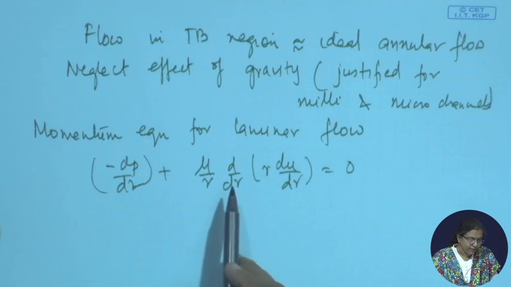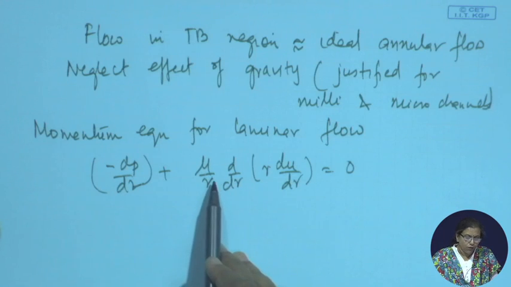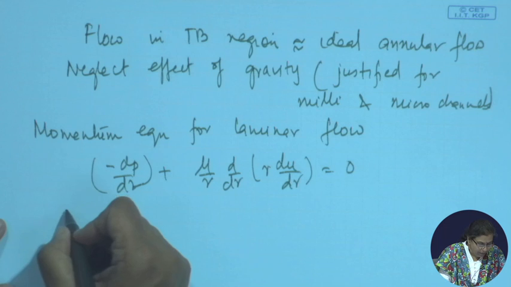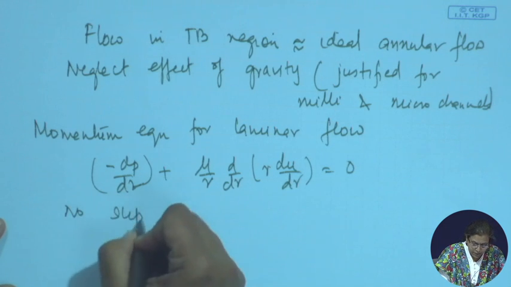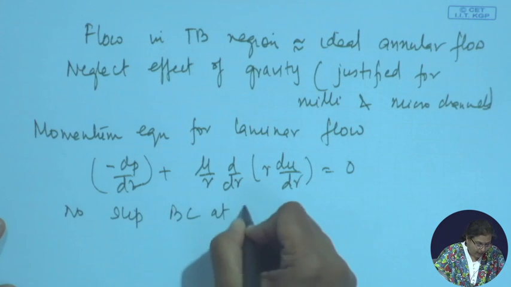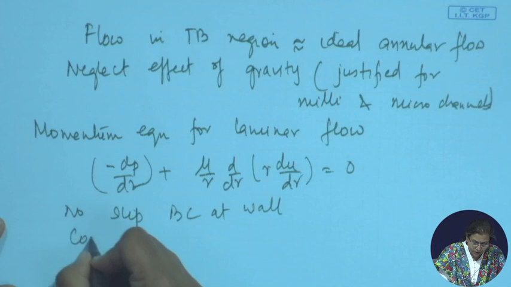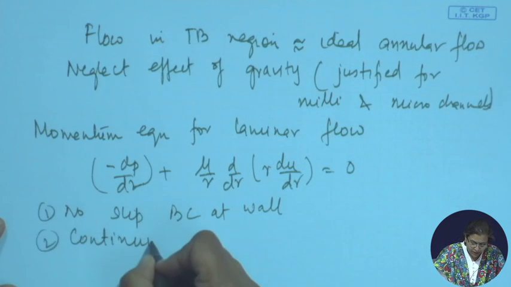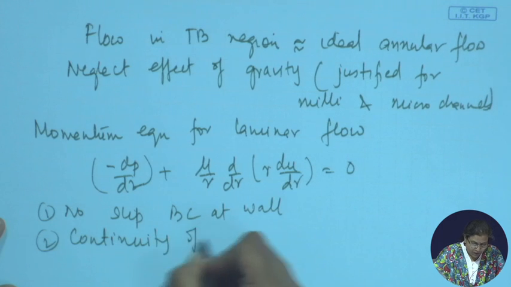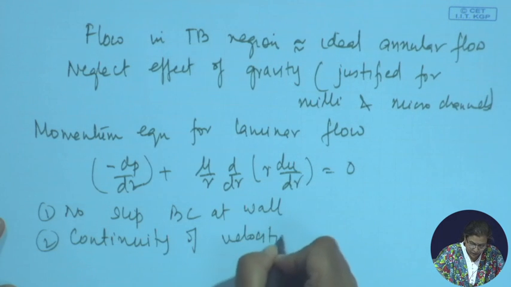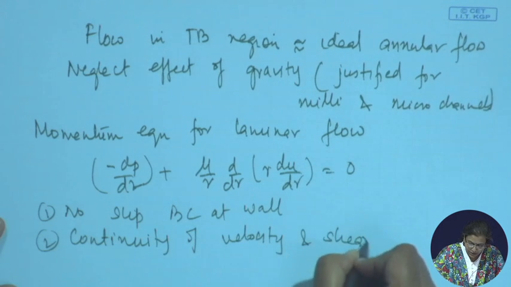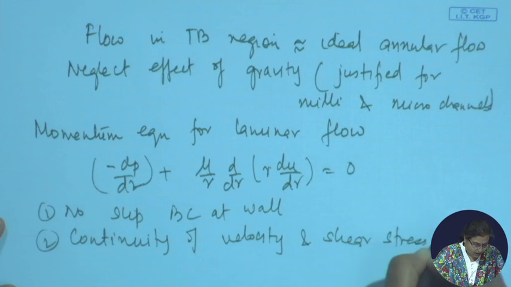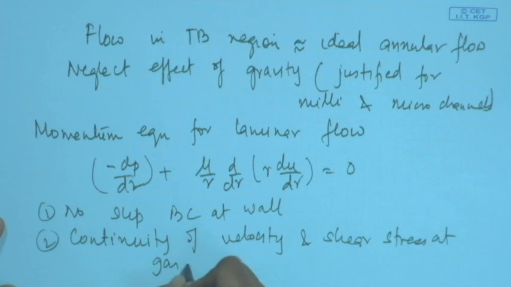Now, the general solution can be derived for both phases in laminar flow. How to derive it? We apply the no slip boundary condition at the wall, this is 1, and this is 2, continuity of velocity and shear stress at the gas liquid interface.